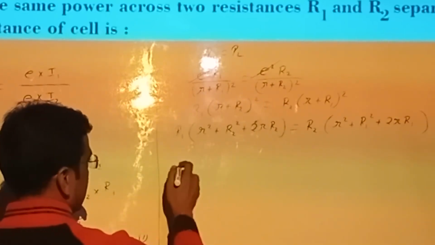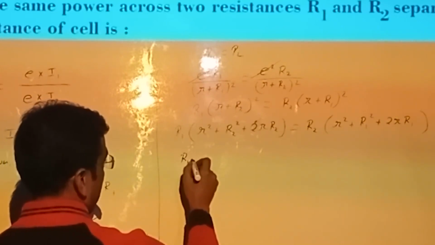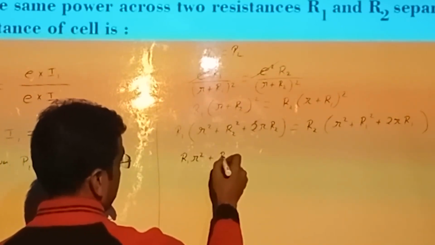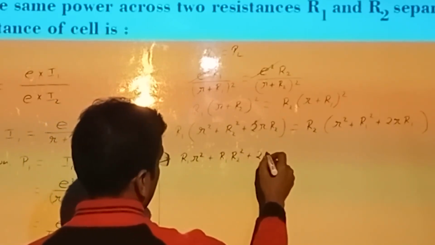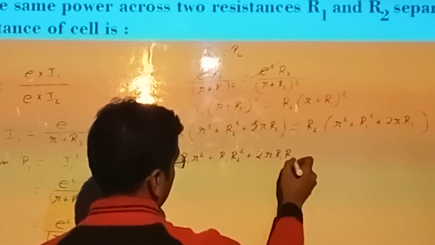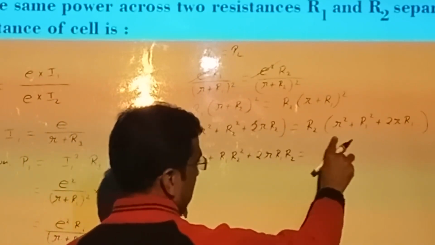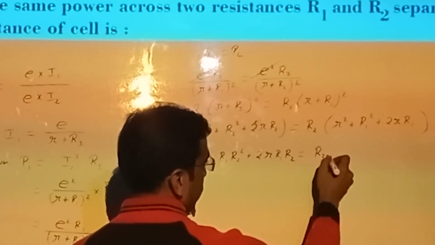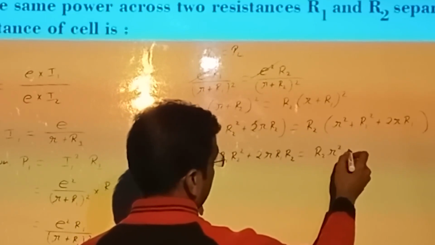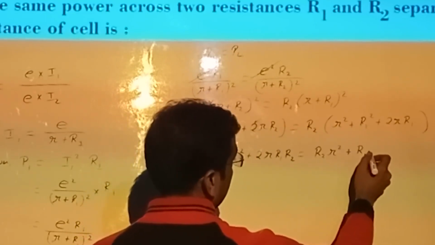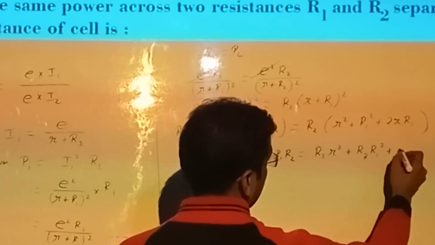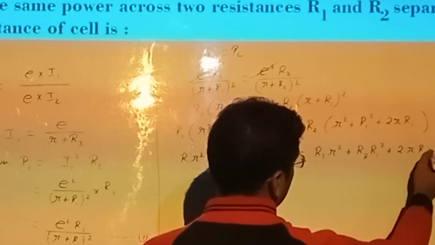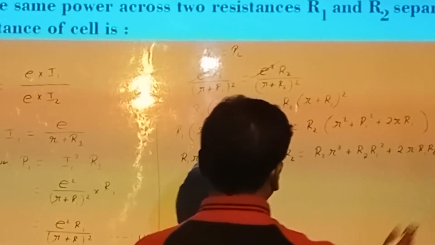By multiplying it out, we have R1 R square plus R1 R2 square plus 2R R1 R2 equals R2 R square plus R2 R1 square plus 2R R1 R2.